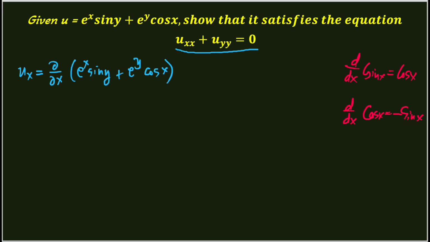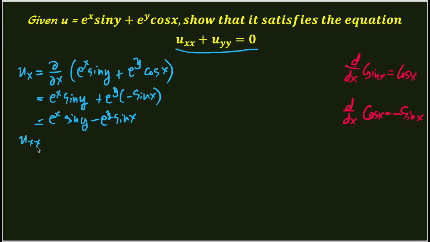So in other words, going back to our solution here for u sub x, this will be equal to e to the x sine of y plus e to the y times negative sine x. And simplifying, this will be equal to e to the x sine of y minus e to the y sine x. Okay, so that is the value of u sub x.